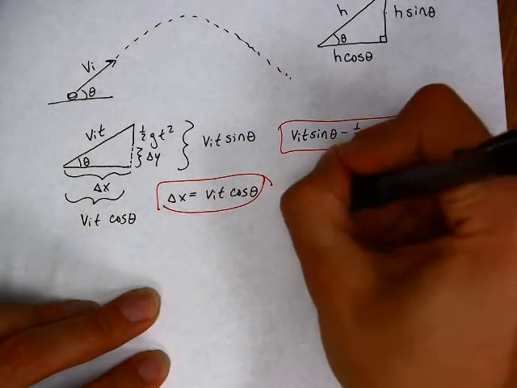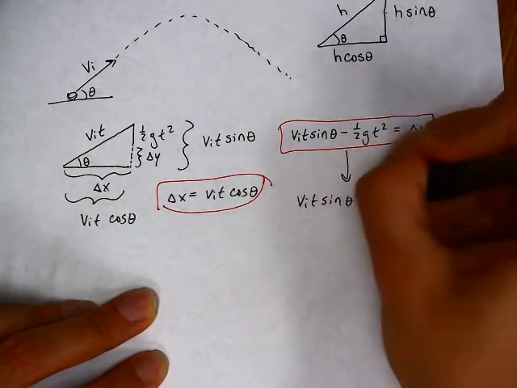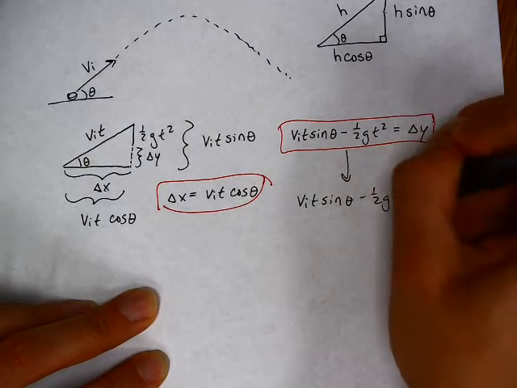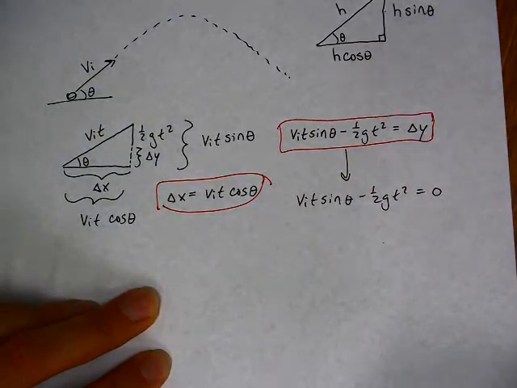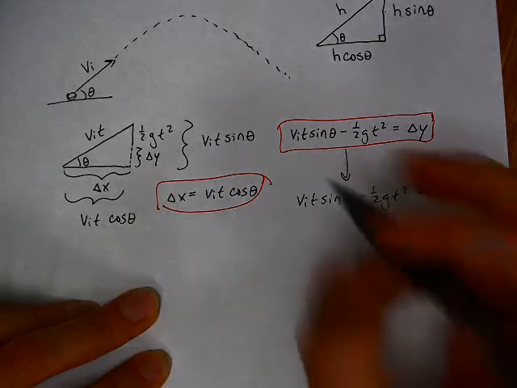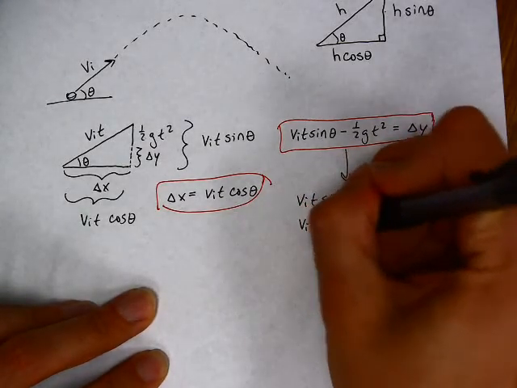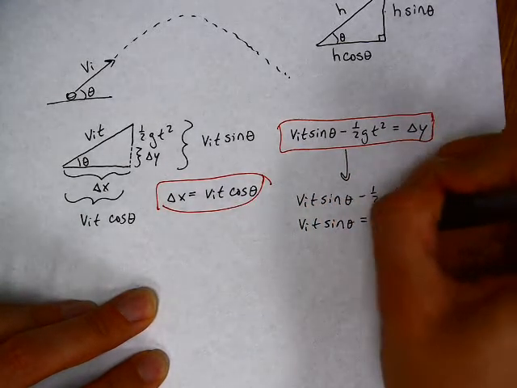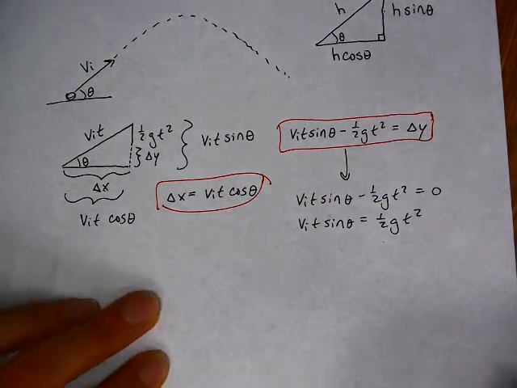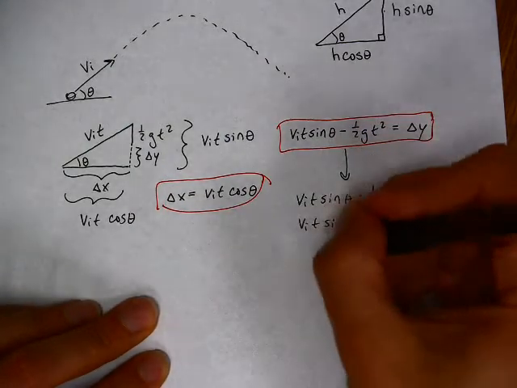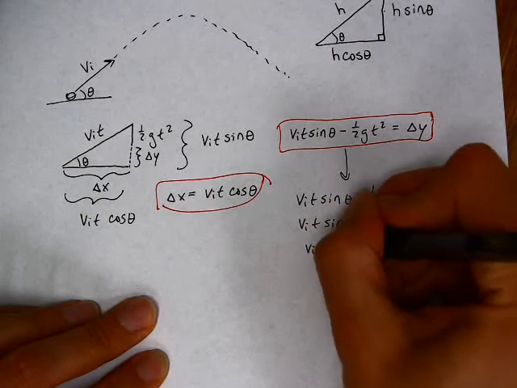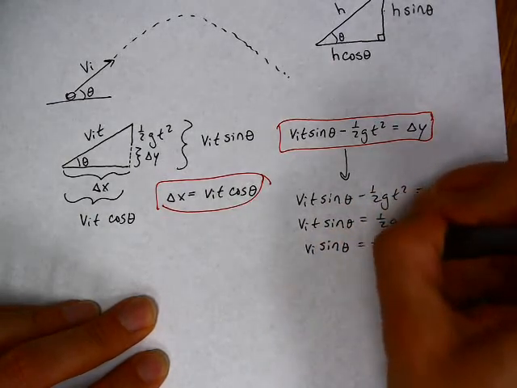And that means that VIT sine theta minus 1/2 GT squared equals 0. That means that VIT sine theta equals 1/2 GT squared. If we cancel out a t, we get VI sine theta equals 1/2 GT.